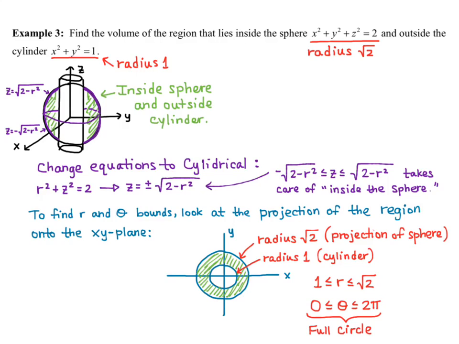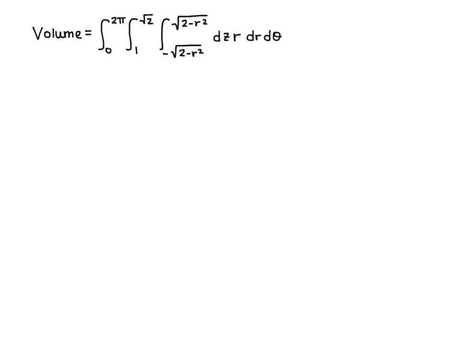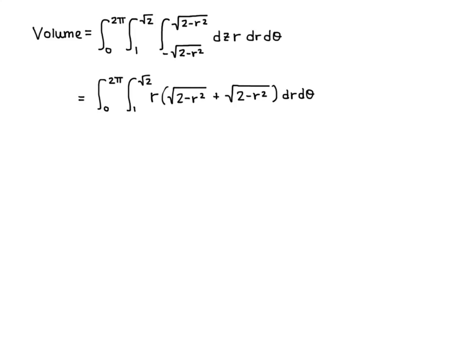So I have theta from 0 to 2 pi, r from 1 to square root of 2, and z from negative root 2 minus r squared to positive root 2 minus r squared. So I get this volume triple integral, and my integrand, as always with cylindrical, is dz r dr d theta. Now, integrating with respect to z, I end up with upper bound minus lower bound.